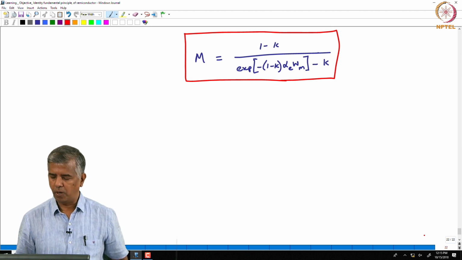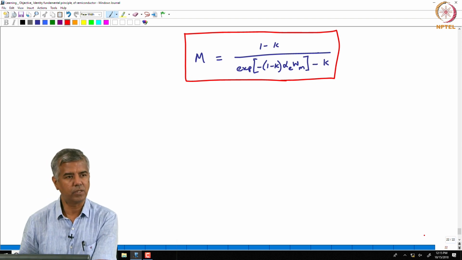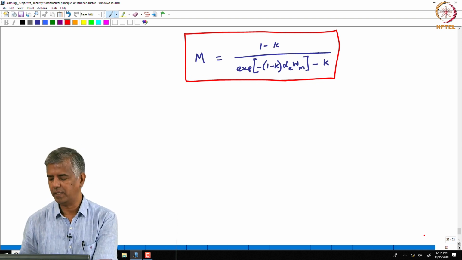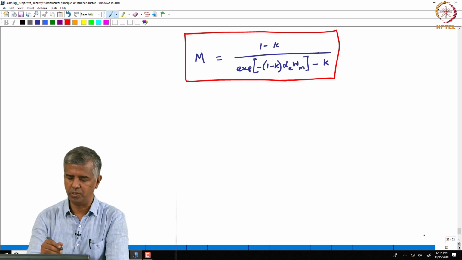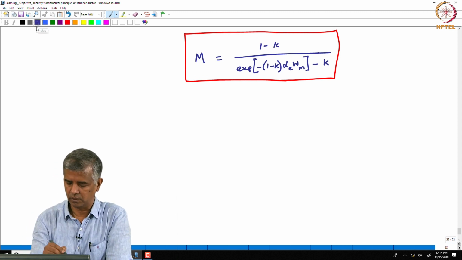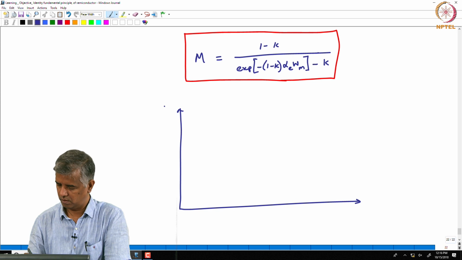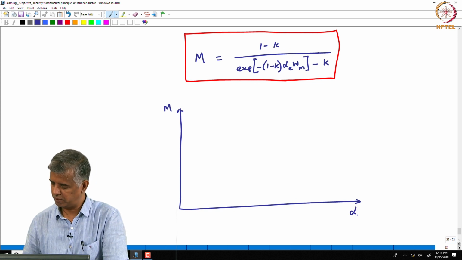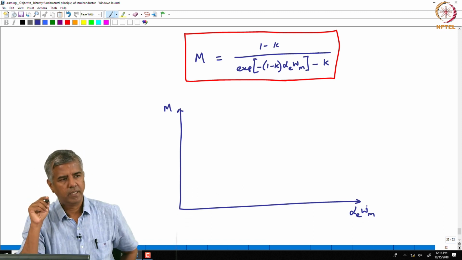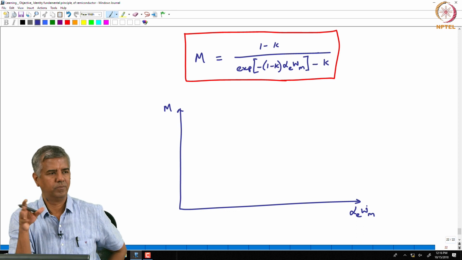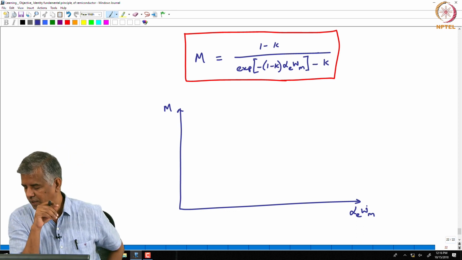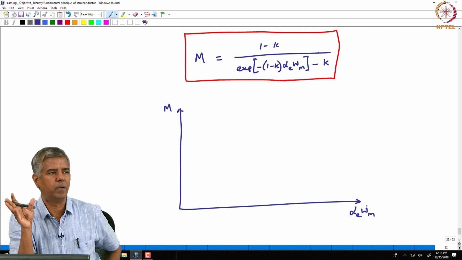If I plot this for different values of k, I can plot M as a function of alpha e W m. Now, W m is a constant. Once you have your design for your avalanche photodiode, you are not going to be able to vary W m.